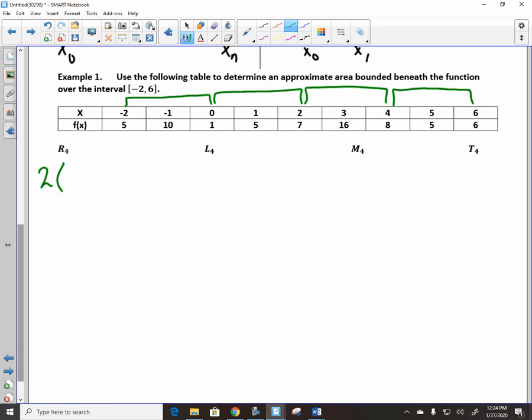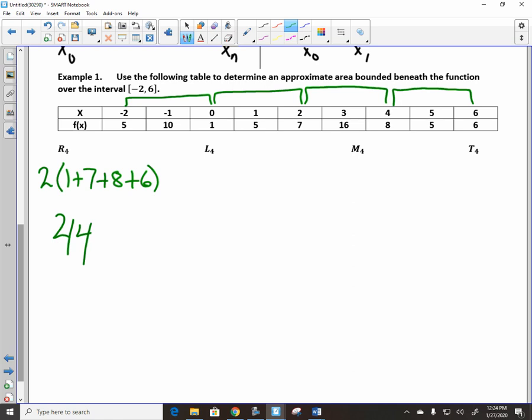Where do I evaluate the first height? On the right side, so I evaluate at 0, and what's the height at 0? 1. Then 7, 8, 6. So I get 8 plus 8 is 16, plus 6 is 22, times 2 is 44.